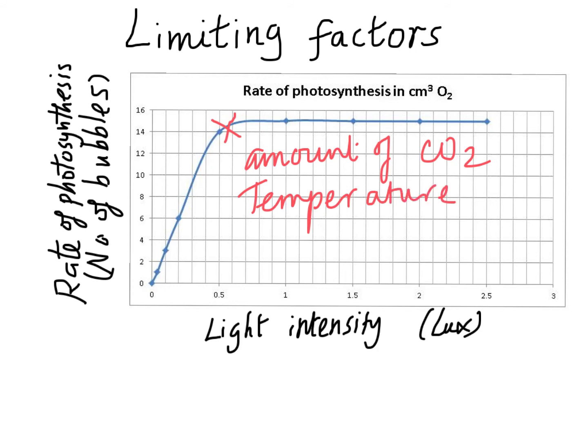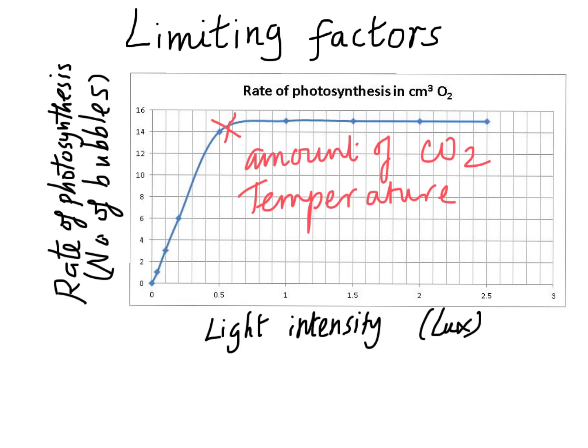It could be one of these factors which is a limiting factor past this point. If you want to increase the rate of photosynthesis any further, you need to increase the amount of carbon dioxide available to the plant, or you can increase the temperature to see if it increases the rate of photosynthesis any further.